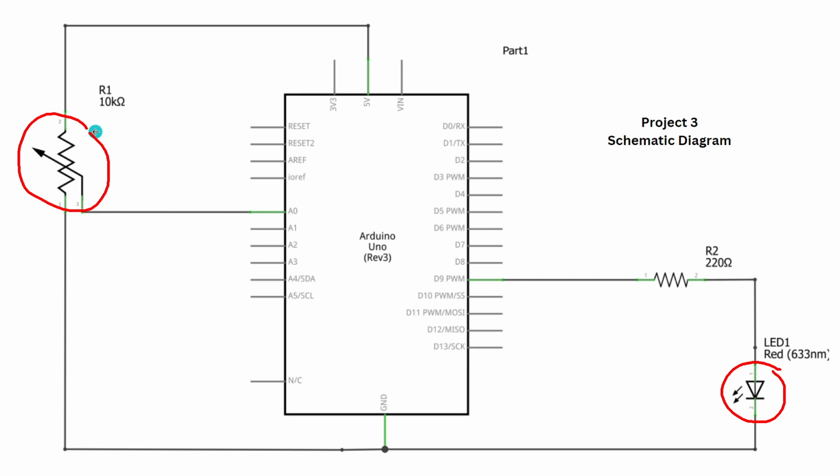The potentiometer is also called the variable resistor, or VAR. What this does is let us adjust the resistance of the resistor.